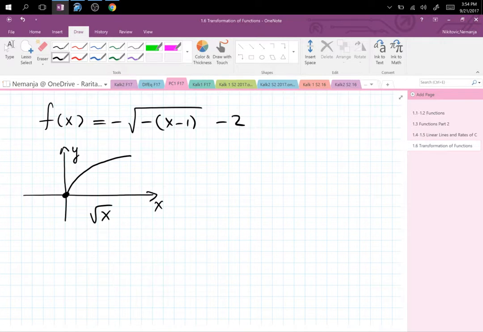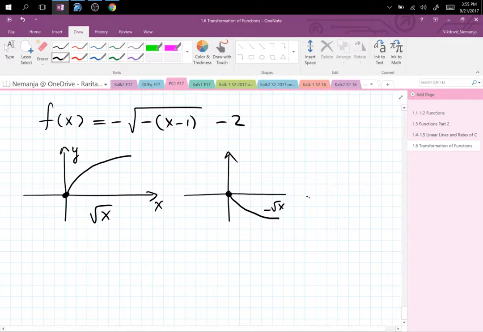It doesn't matter which reflection you do first and which one you do second. So you can reflect on x-axis first, which is the outer minus, if you want to. So this is negative square root of x. And then you will reflect on the y-axis next, which would give you this. And this is negative root of negative x.